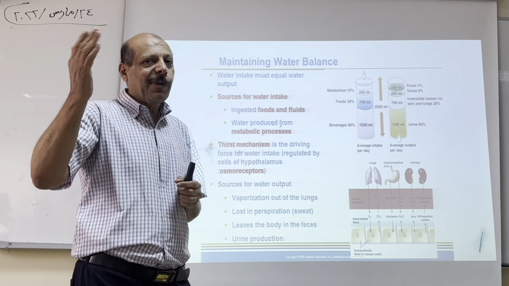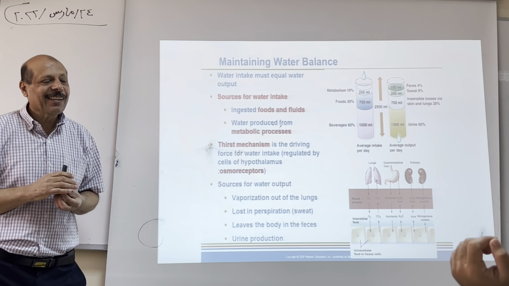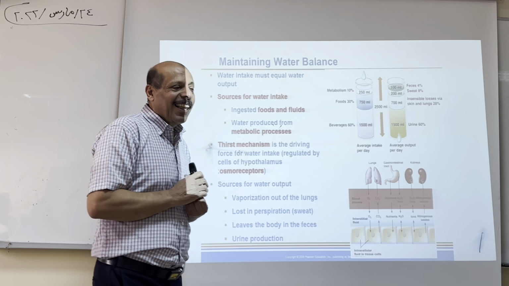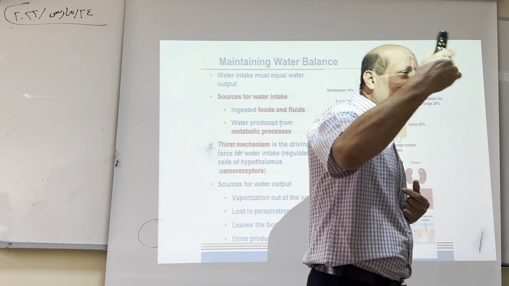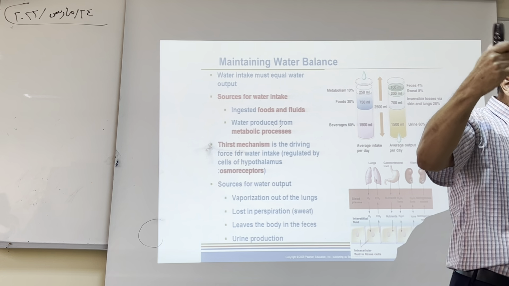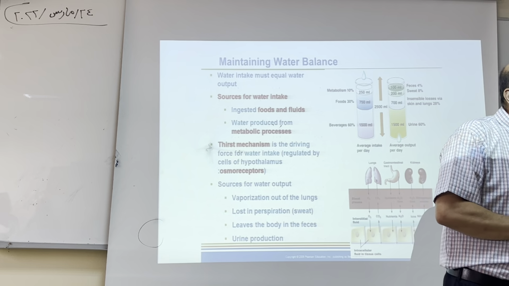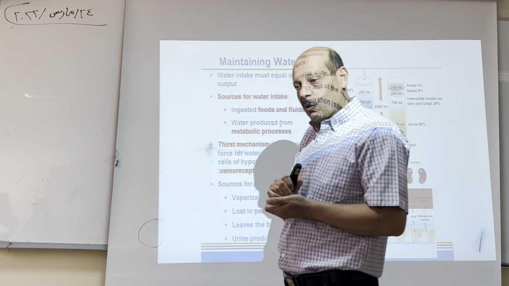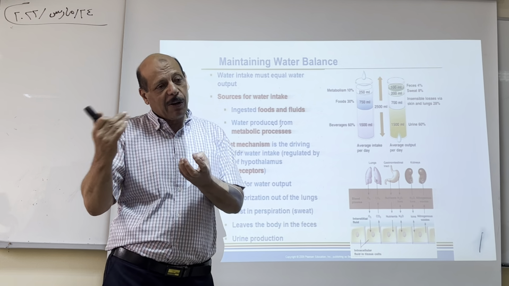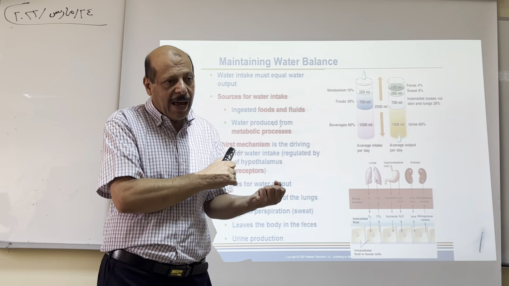Did you remember the osmolarity and those things in biochemistry? The water will go from the lower osmolarity to the higher osmolarity. The water comes from the lower concentration to the higher concentration.